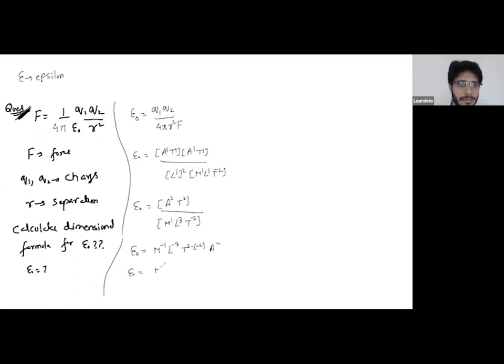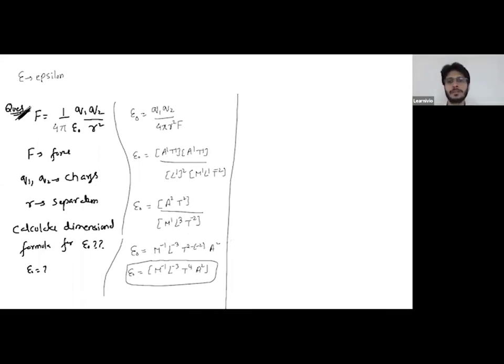So the combined is M minus 1, L minus 3, T to the power 4, A square. This is the dimensional formula of epsilon.